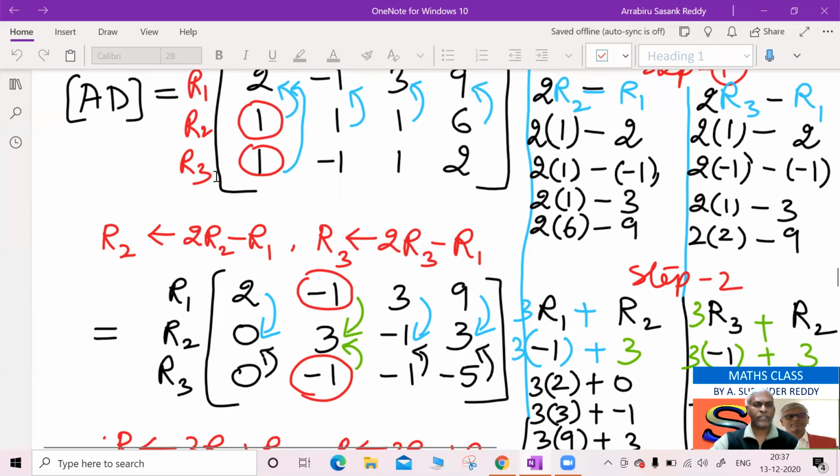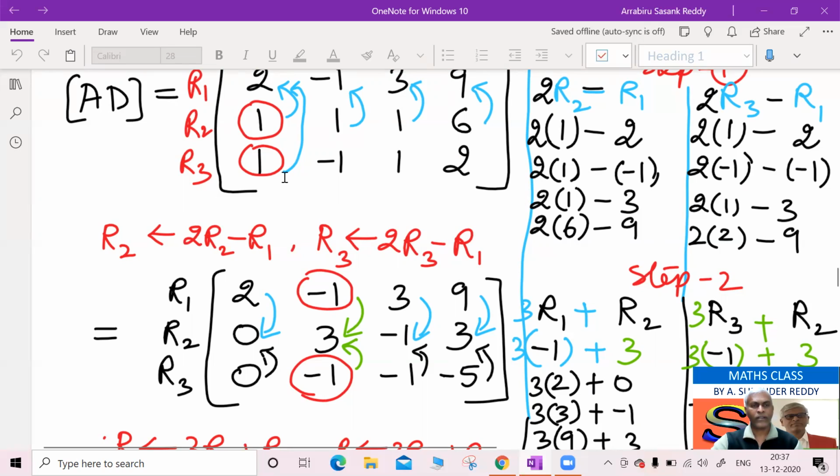Next, we have to change R3 also. Our intention is to convert the first element of R3 into 0. For that, we need to prepare a suitable row transformation formula.